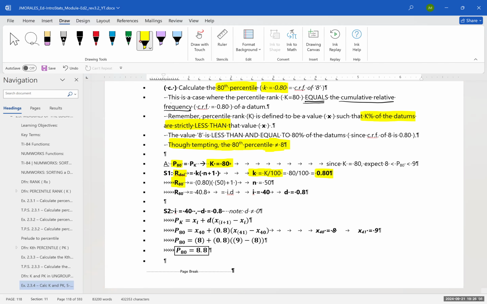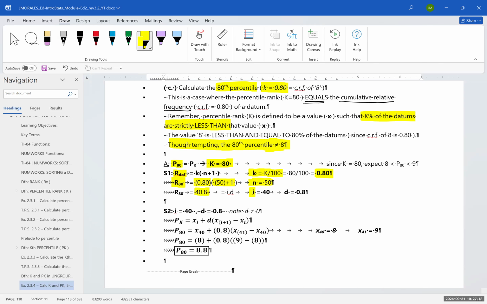So the rank of 80 is going to be equal to 0.8 times 50 plus 1. And remember, we had 50 students in our data set. And when you simplify that expression, you get 40.8.